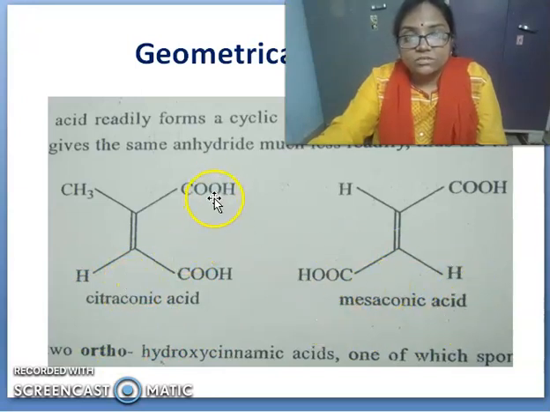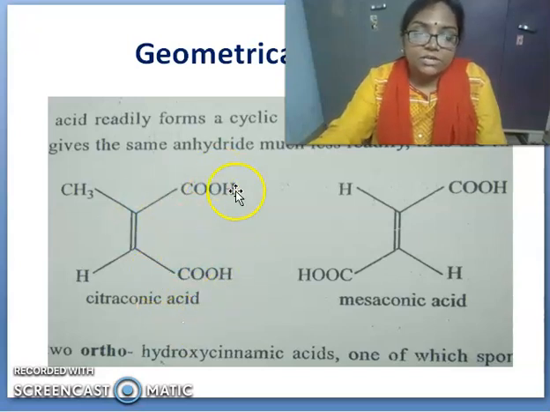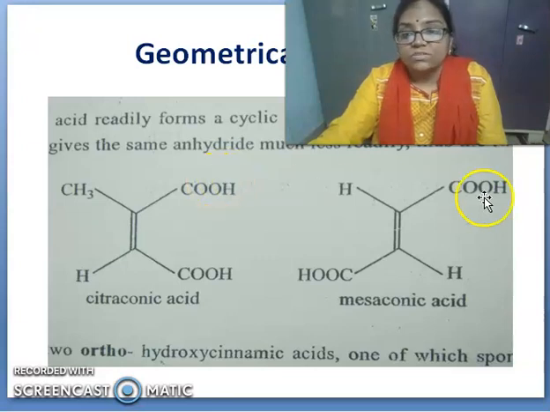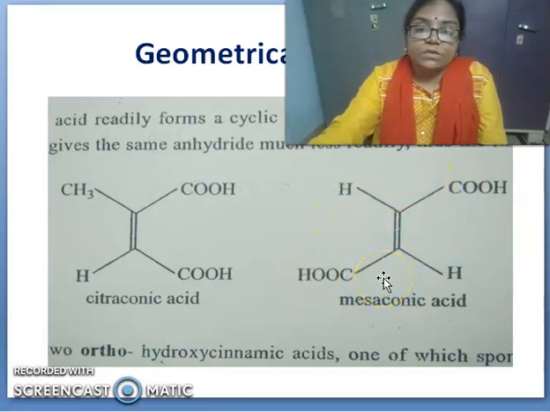Since both the bulky groups are lying close to each other, there may be the possibility of intramolecular reactions here. Whereas in the case of mesaconic acid, since the bulky groups are placed diagonally opposite to each other, there is no possibility of intramolecular reactions occurring here.